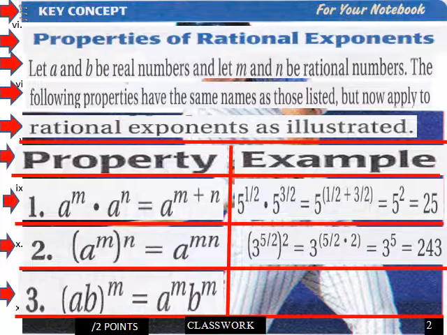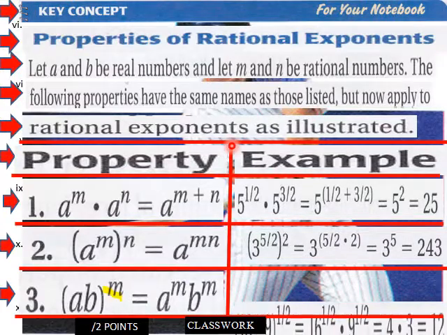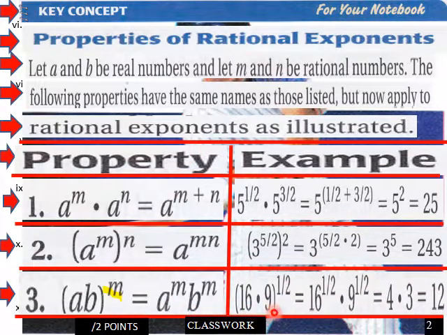And then here's another power property, using fractional exponents on this quantity, and this is what we come up with. We get 4 times 3 equals 12, the square root of 4 times the square root of 9. The 1/2 power is a radical.